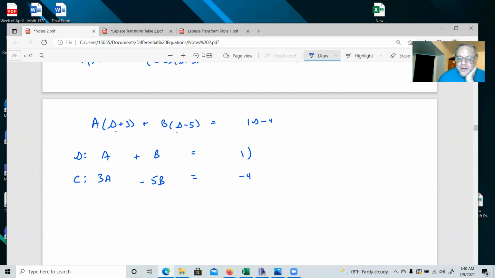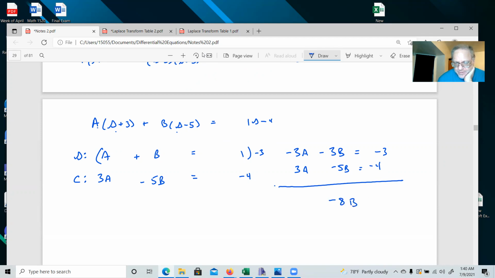Okay. Why don't we multiply this thing by -3? So it's -3A minus 3B is equal to -3. We have 3A minus 5B is equal to -4. Okay, let's go ahead and add. So that's going to be -8B is equal to, we're adding, so that's -7.